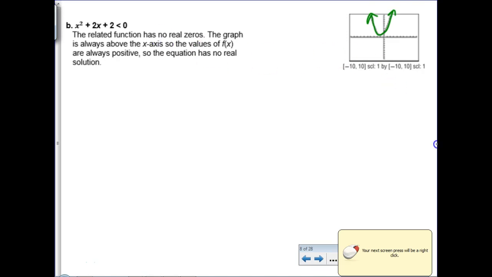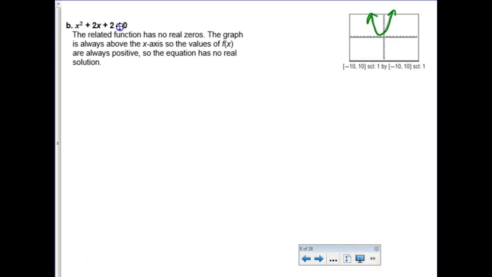So the question is, when will this polynomial be less than 0? Less than 0 means negative. So you tell me, when is this parabola negative? Never. So how do you want to write that answer? Never. That works for me.